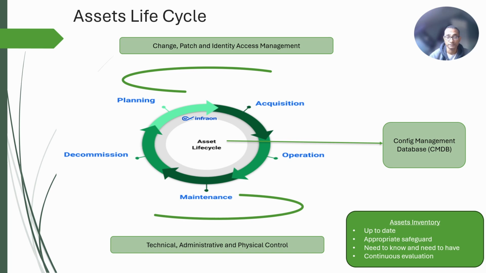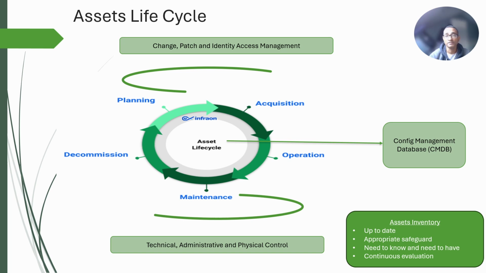Now, to hold your asset information, it is also important that you have a proper configuration management database or any other possibilities or applicability that you may have, which is similar to a CMDB.